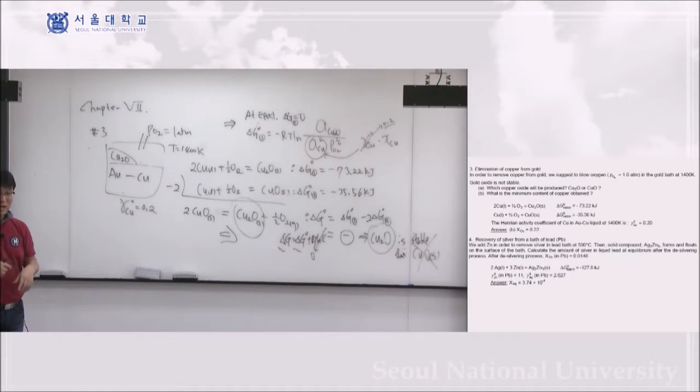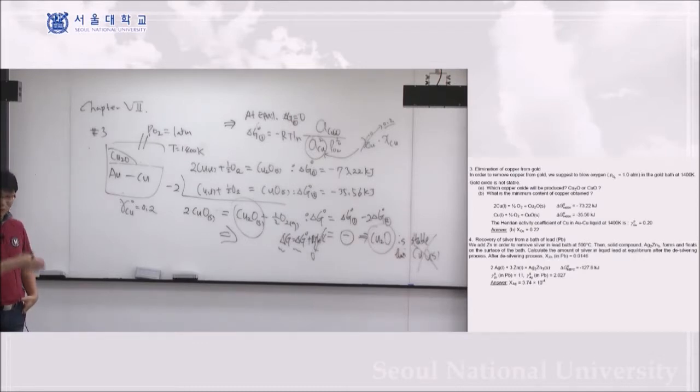So it means I'm adding some element which is more reactive than the gold. If you look at the phase diagram, is there anything which makes a very strong reaction with the copper? For example, zirconium.